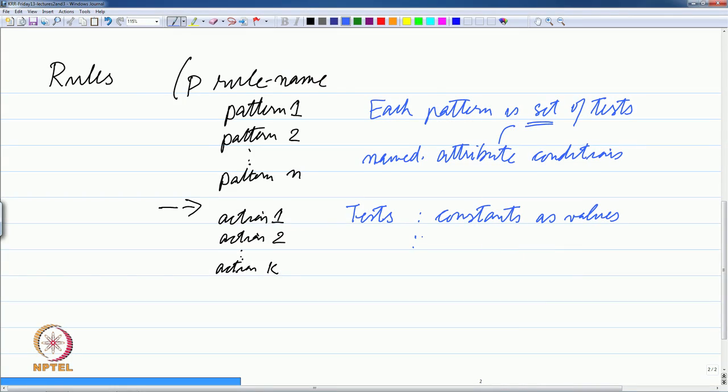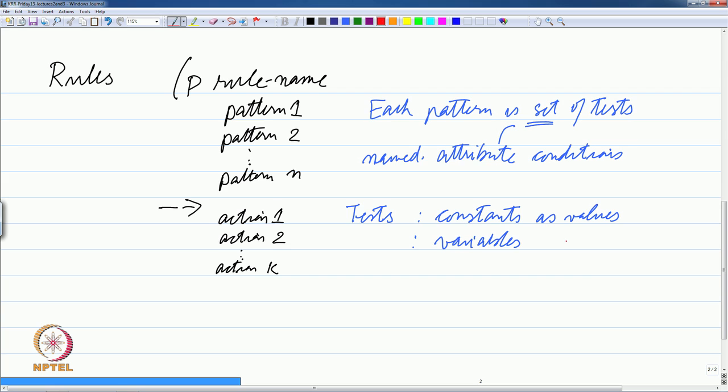Then we are talking about patterns, remember the tests which are contained in the patterns. So, we can have variables inside essentially. We have already mentioned this, that variables when they occur must have the same value.